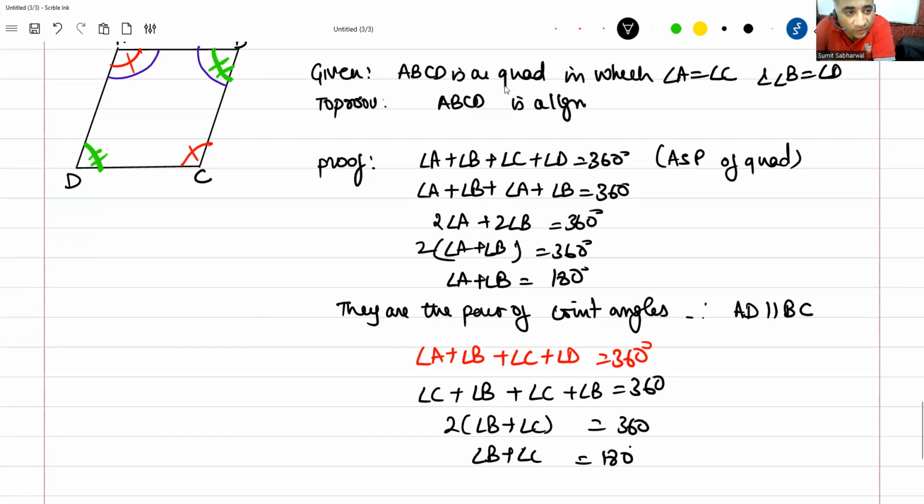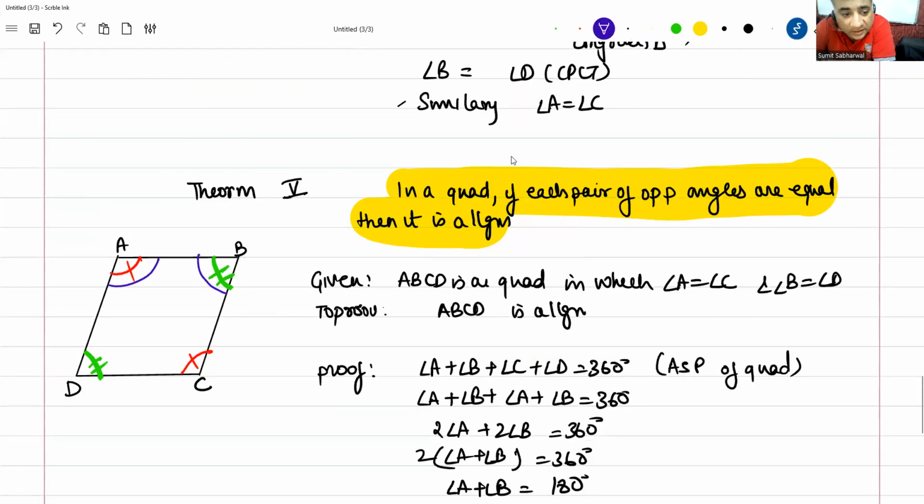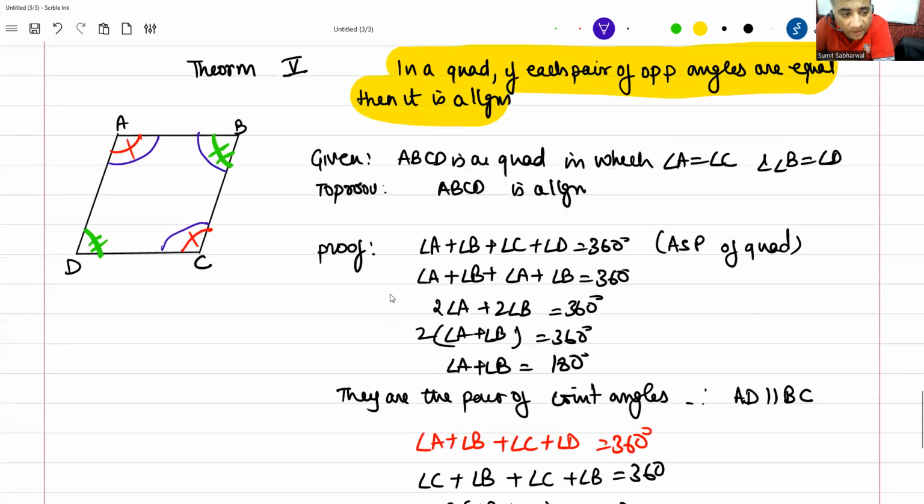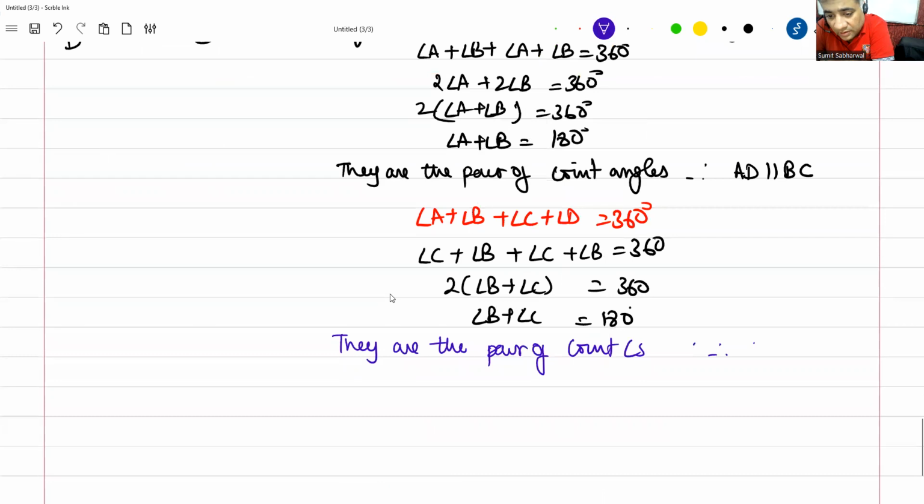Again, if you see the figure, if angle B plus angle C is 180 degrees, I can simply say AB is parallel to CD. They are the pair of co-interior angles. Therefore, AB is parallel to CD. Okay, I hope this is clear.